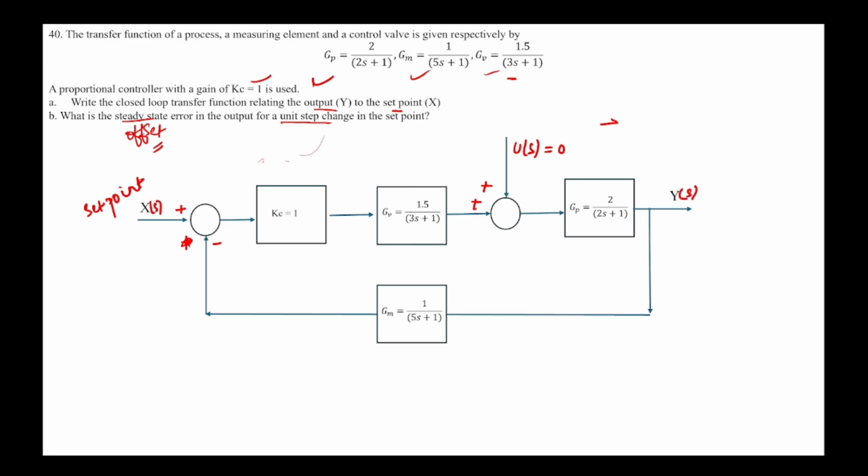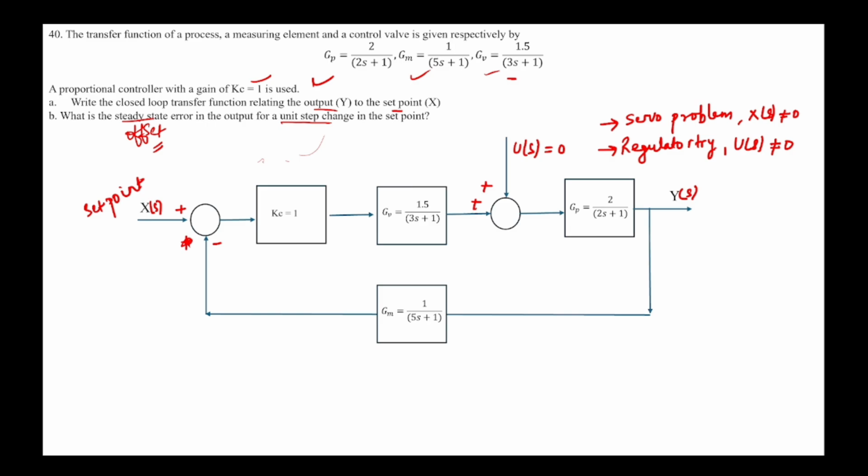When it is written in the question, servo problem, that means set point will change. Regulatory problem, load will change.